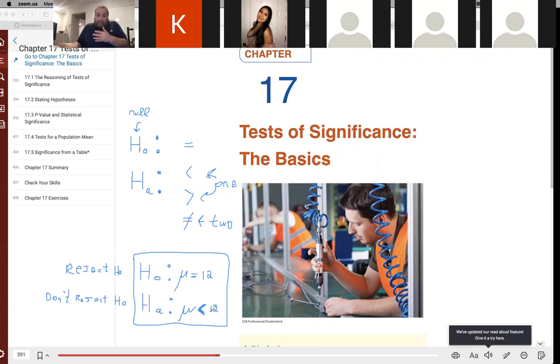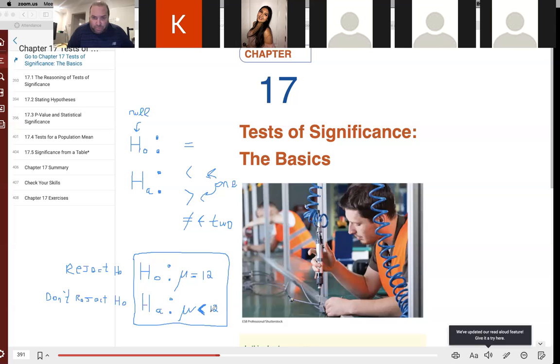Some are more, some are less. It's certainly reasonable that it could be 12. Now, if your sample was 10.999995, a sample of, let's say, 100 of them, then I might start thinking, you know what? I think 11 is more of an appropriate value, and it's probably less than 12. And I might think about rejecting the null hypothesis in that case.